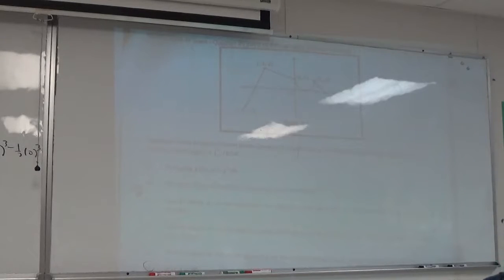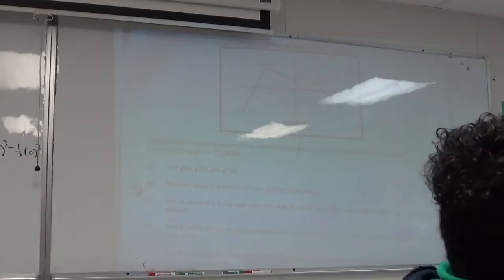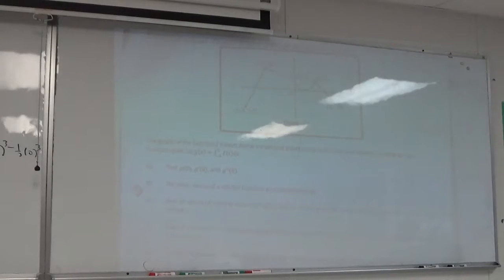So G of 0 is just plugging 0 into the x, because you're not doing the interval. From -3 to 0, isn't that a tricky one?